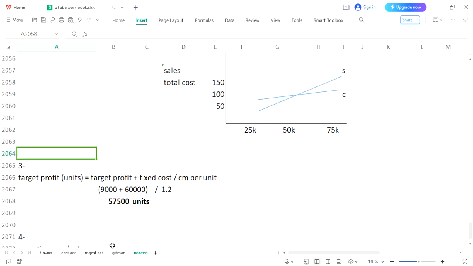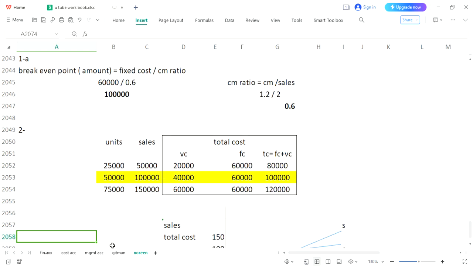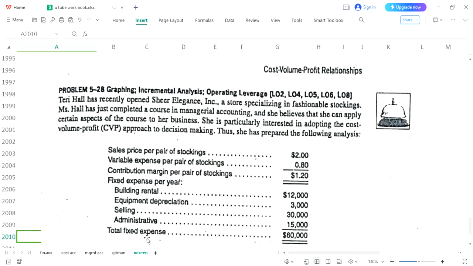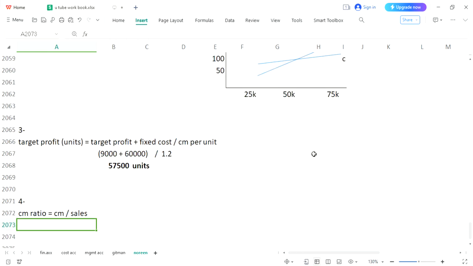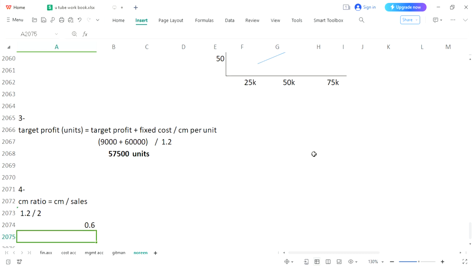Otherwise, let's calculate it. We have in the question CM available 1.2 and sales available 2. So both are available and the calculation is easy. 1.2 is your CM, 2 is your sales. Statement completed. Now let's put it on the calculator. 1.2 divided by 2. So we have got 0.6 as our CM ratio.